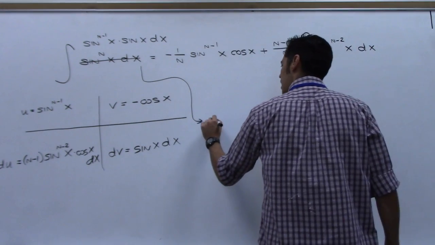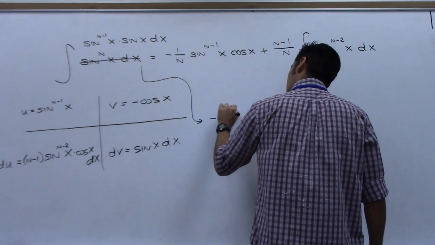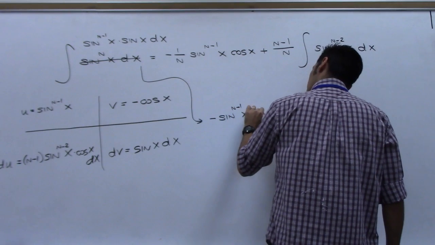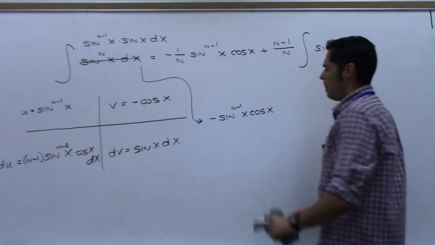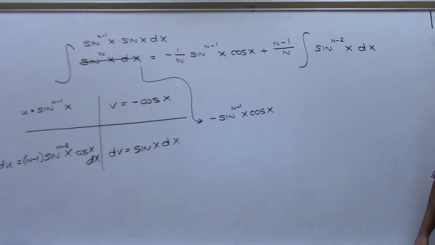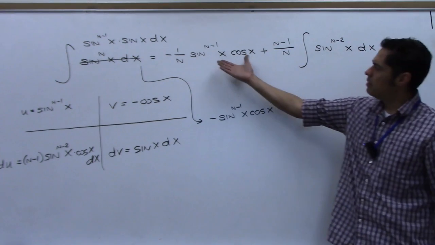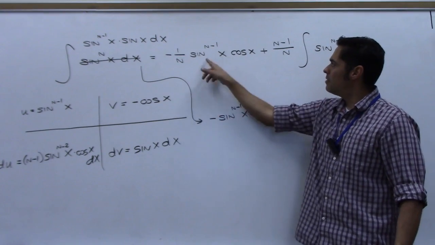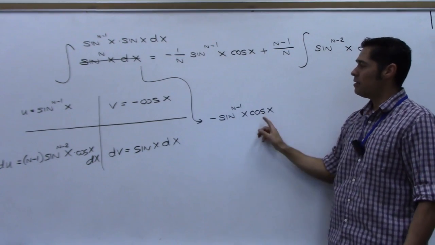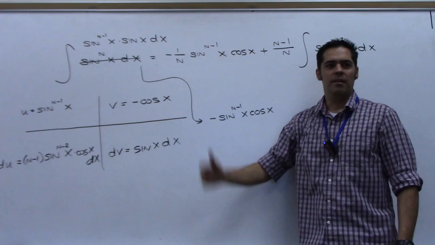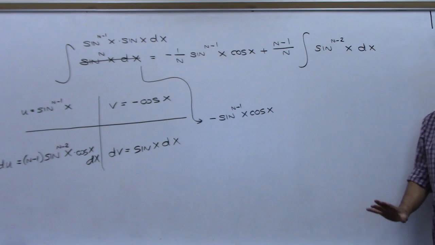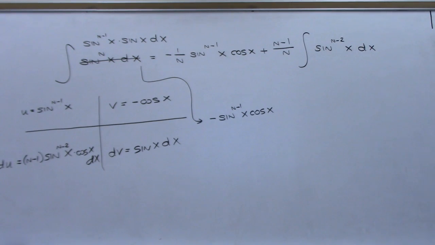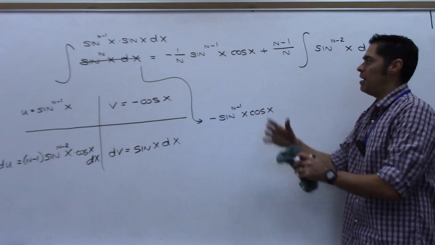So that's negative sine to the n minus 1 x cosine x. That kind of looks like this, doesn't it? I have the negative, I have sine to the n minus 1 x, I have cosine x. I just don't have 1 over n. It's okay. At least I feel good about it. It looks kind of the same.